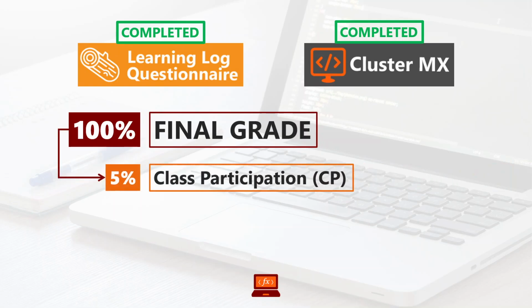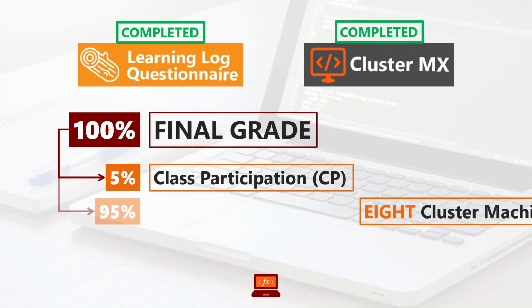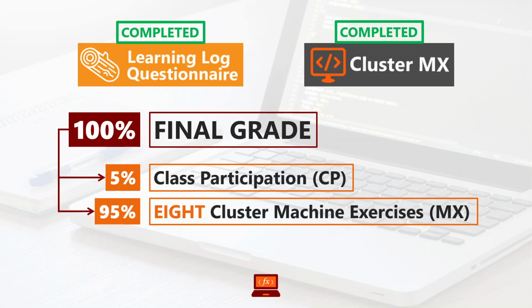So 100% yung total, from 5% na class participation. Again, these are from the forum, and yung 8 na cluster machine exercises nyo. So that's 95%, kasi nga yan yung bulk ng magiging grade nyo.